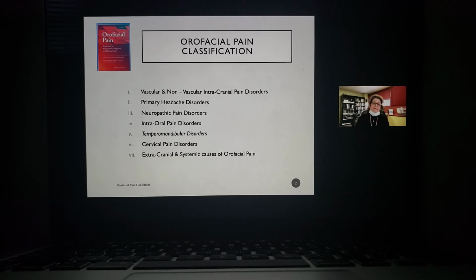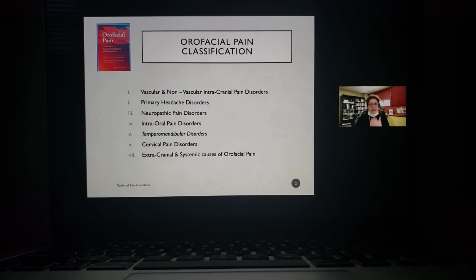Obviously, for the graduate student, to give you a reference, it takes 2 years to go through all of these. What we are going to do is introduce you to and highlight the main characteristics that you should be aware of.